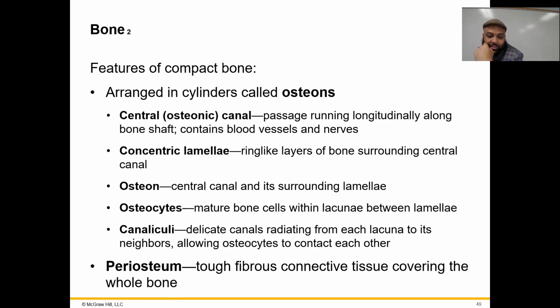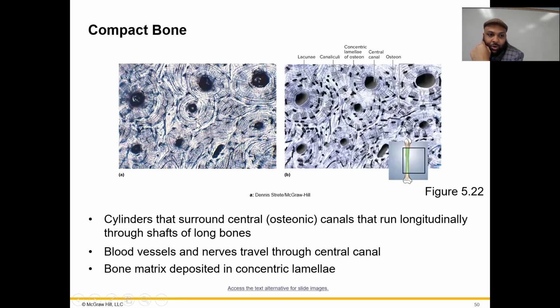The osteocytes are mature bone cells within the lacunae between the lamellae. The canaliculi are delicate canals radiating from each lacuna to its neighbors, allowing the osteocytes to contact each other. Periosteum is a tough, fibrous connective tissue covering the whole bone.